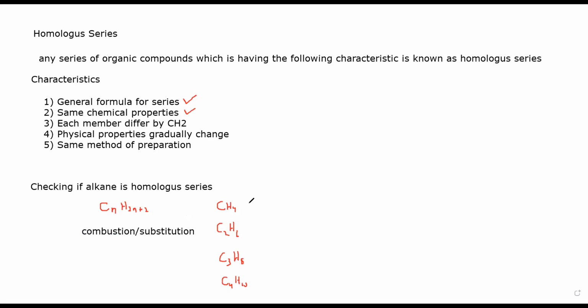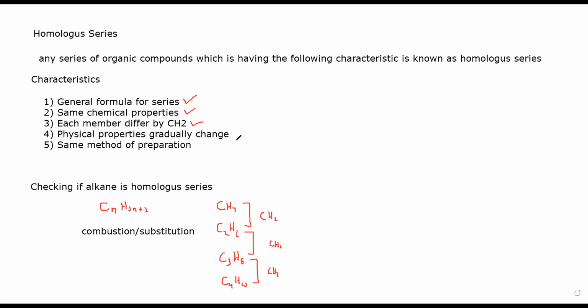So what is the difference between the successive members? One carbon and two hydrogen. So each member differs by CH2. So that is also a tick for alkane.